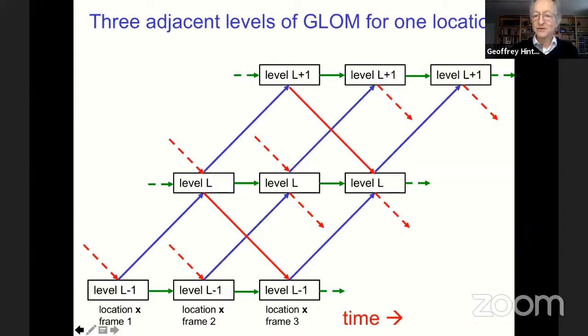And then from other locations, you're getting a contextual prediction of what you want to find there to agree with other nearby locations.